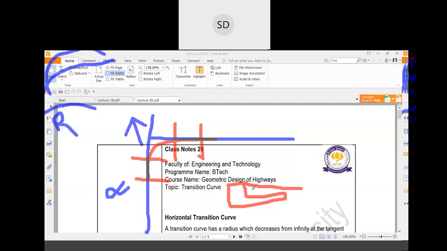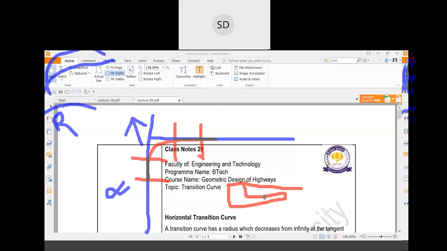So for this reason also your transition curve has to be provided in the horizontal curve portion so that you can introduce the super elevation gradually. Now there is one limit on how you can introduce the super elevation, and that limit is called 1 in n.